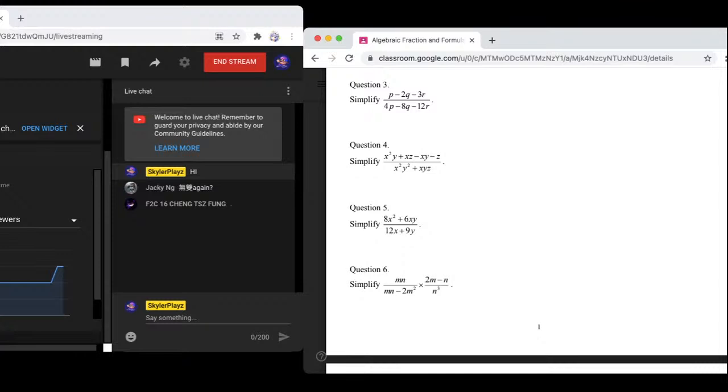So for the first group is 1 and 3. So we factor out xy, and then x minus 1. Also for the second group, factor out z and then also x minus 1. For the second group, we also factor out xy and then xy minus z. Is that okay?